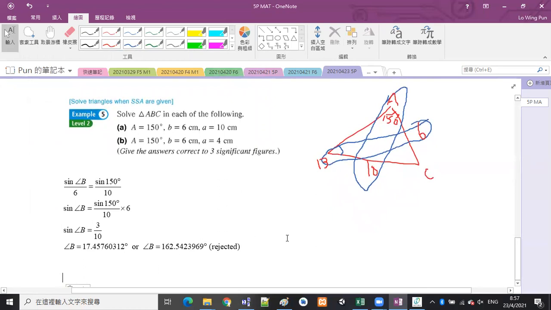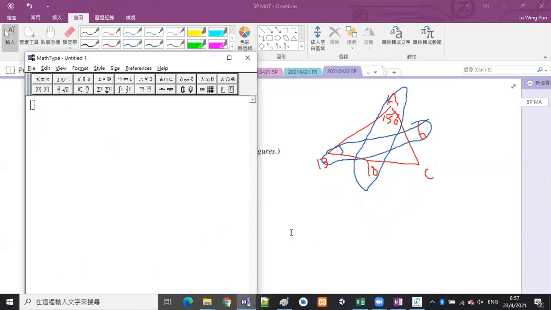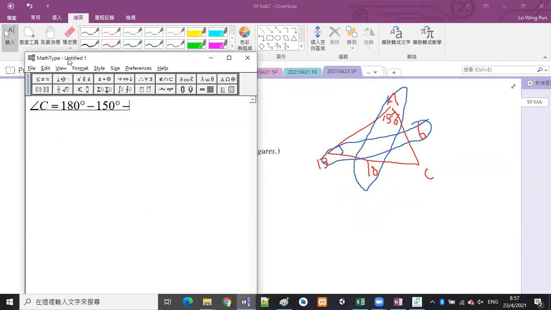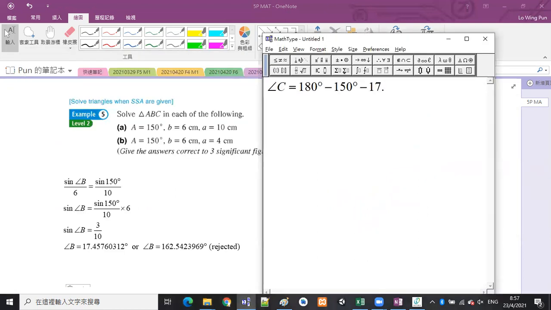And then we will use angle sum of triangle to find angle C. So angle C is equal to 180 degrees minus 150 degrees minus 17.45760312 degrees. Okay?